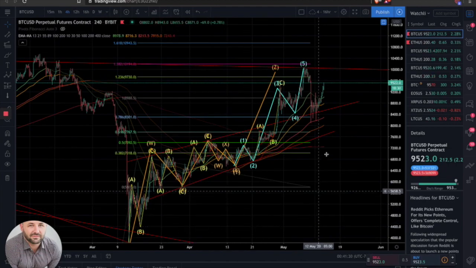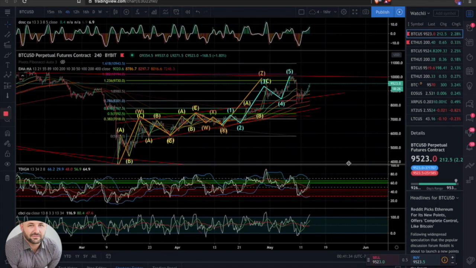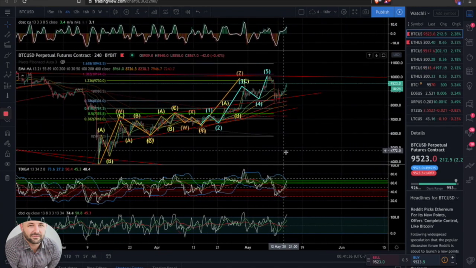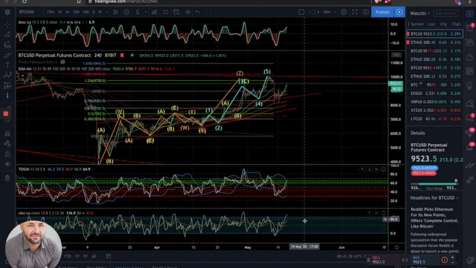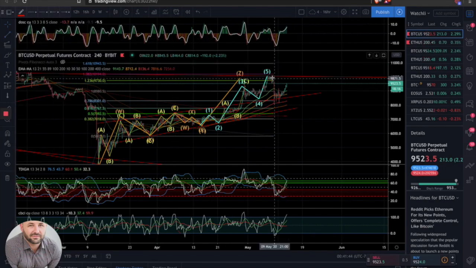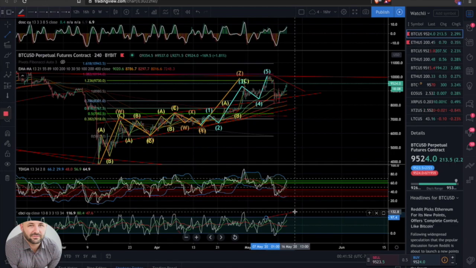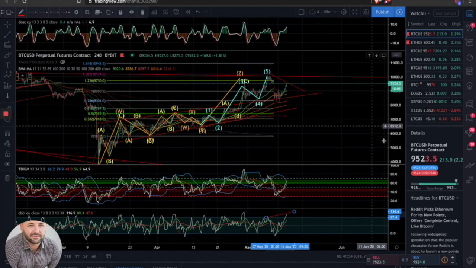Another piece that I want to point out is some of these other indicators here is we are getting some bearish divergence here on the composite index. You can see where we have the price is lower and our composite index is higher.